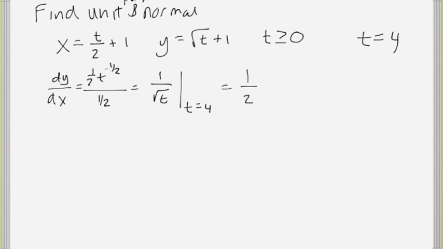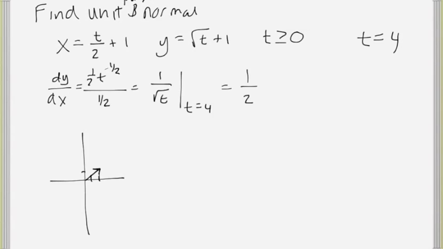Now, since we are talking about vectors, a slope of 1/2 means rise 1, run 2, and we're talking about this vector. Since it says we want the unit vectors that are tangent and normal, I need to divide by the length.